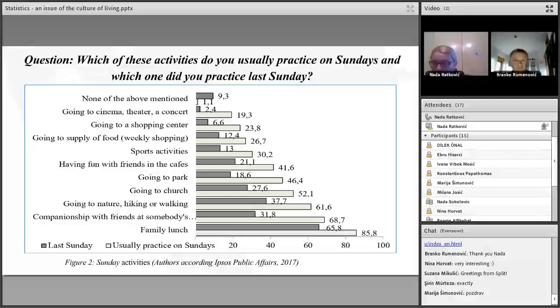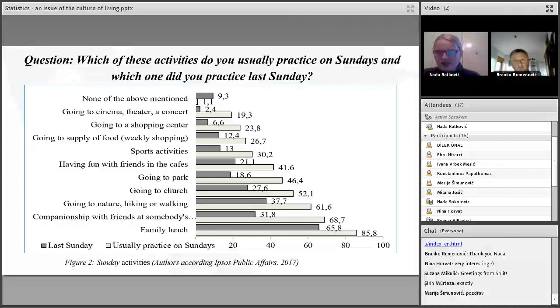Which of these activities do you usually practice on Sundays, and which one did you practice last Sunday? What we see here, 9.3% none of the above mentioned. To the cinema, few respondents go.